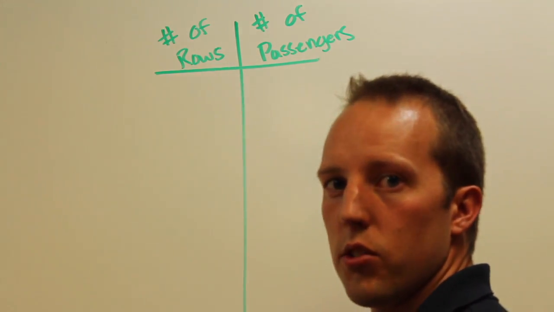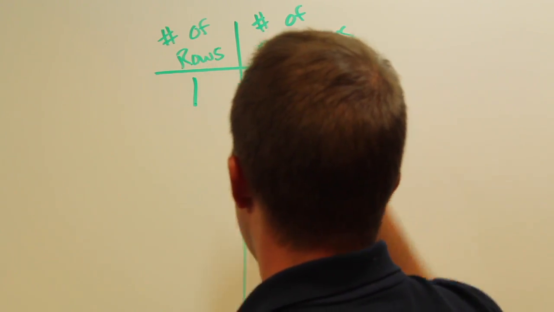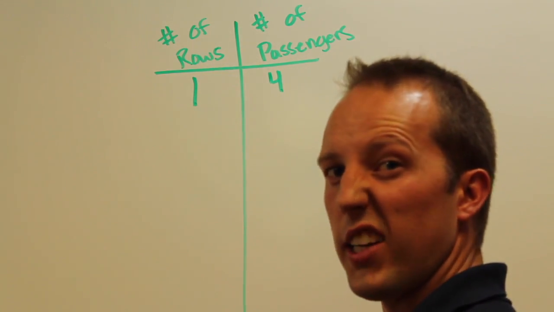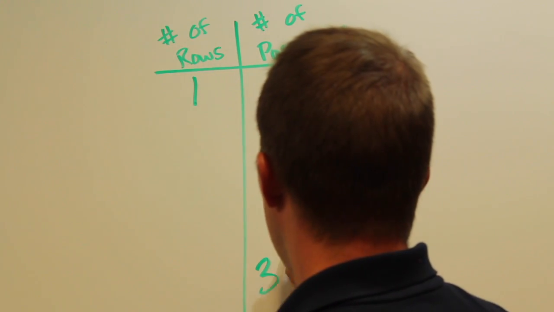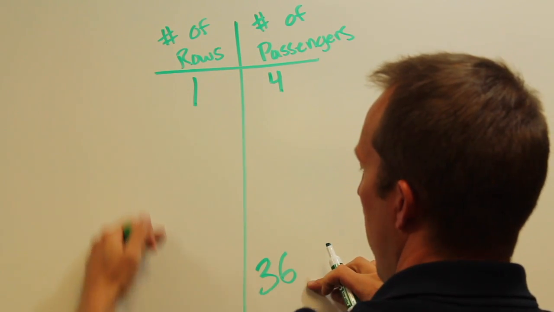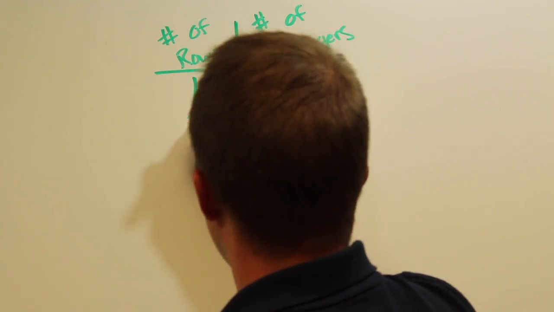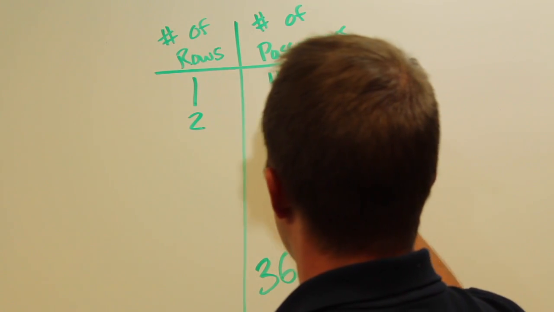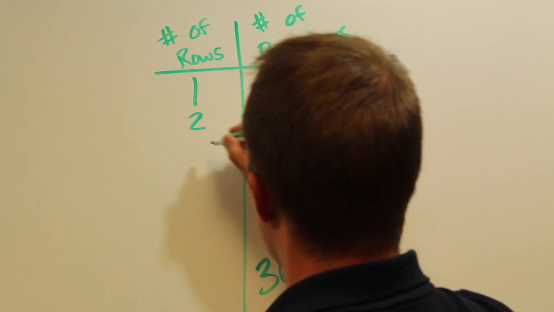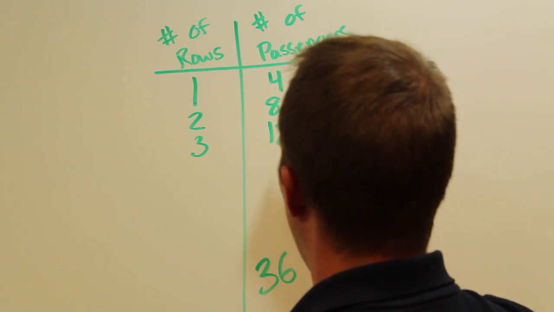Okay? So we know that if there's 1 row, we've got 4 passengers, and again we're trying to get to 36. What we're trying to figure out is how many rows is that. So 2 rows is going to get me to 8. 3 rows is going to get me to 12.